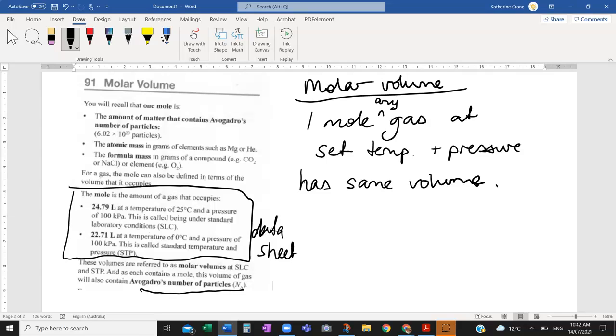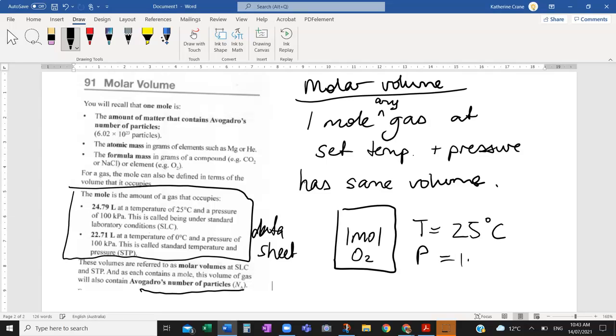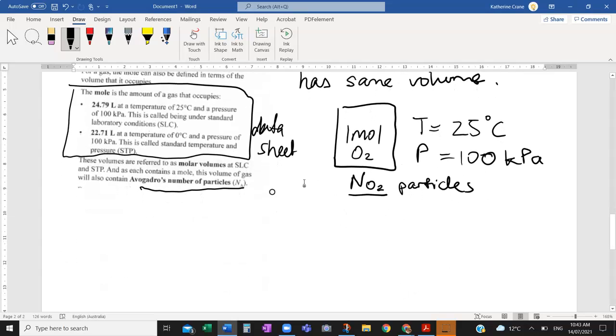So that means that if I have 1 mole of gas, O2, and the temperature is 25 degrees Celsius and the pressure is 100 kilopascals, then the number of particles, remember that's the notation for it, capital N, is going to be equal to Avogadro's number, and that is 6.022 times 10 to the 23.